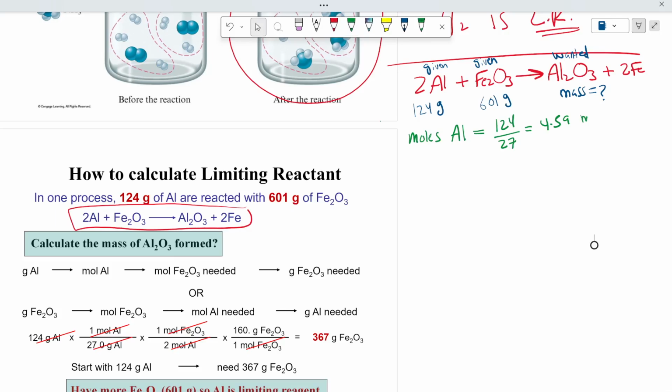4.59 mole of aluminum. Now determine the moles of Fe2O3 you have. By the way, this procedure is applicable for all limiting reactant problems. Just apply the same steps and you will end with the correct answer. Mass over molar mass: 601 over the molar mass of iron 3 oxide.